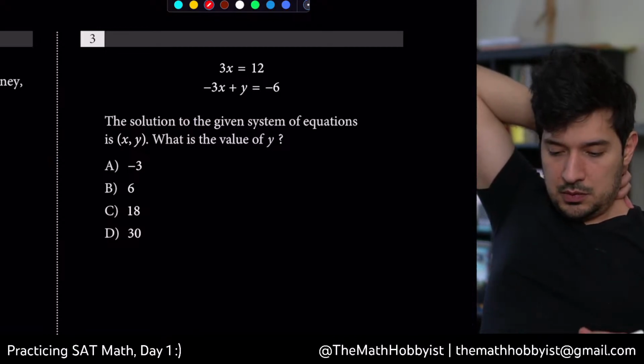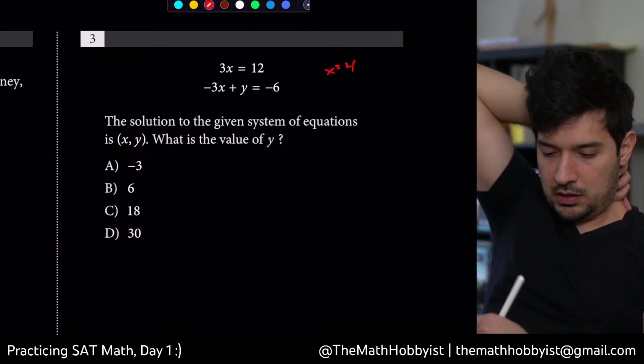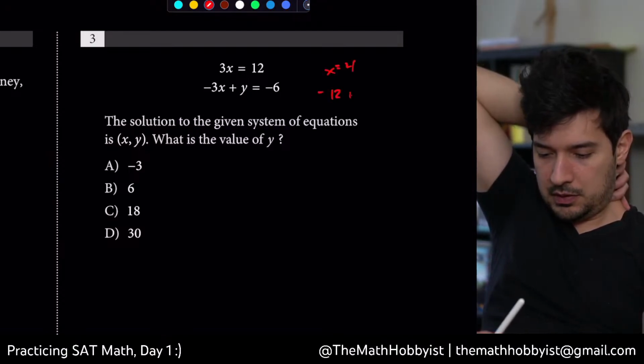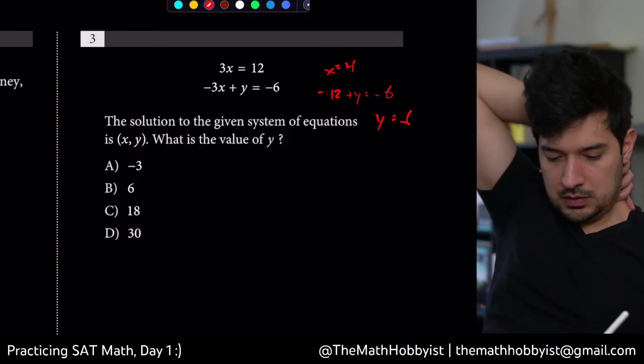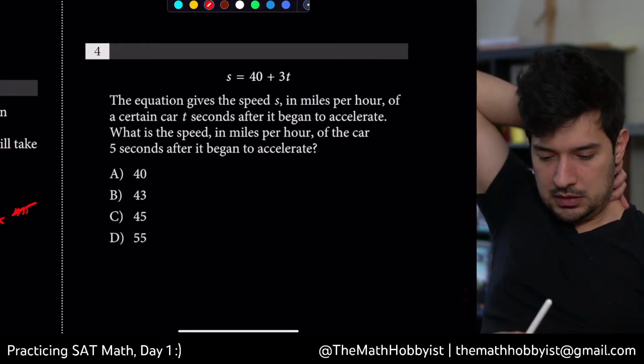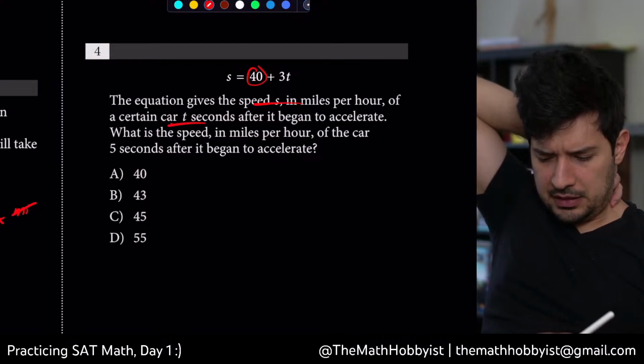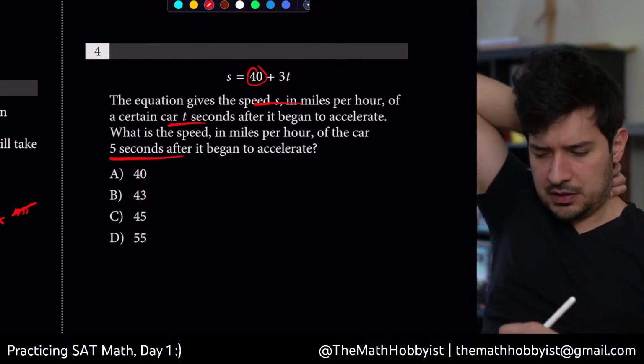Solution to this equation, 3x, x equals 4, negative 12 plus y equals negative 6, y equals 6. Equation, speed, certain car t seconds after accelerating. So it started at a given speed and then accelerates for 5 seconds after.